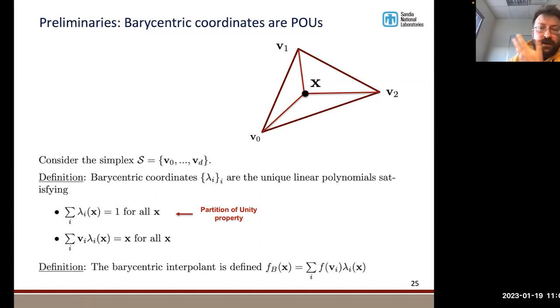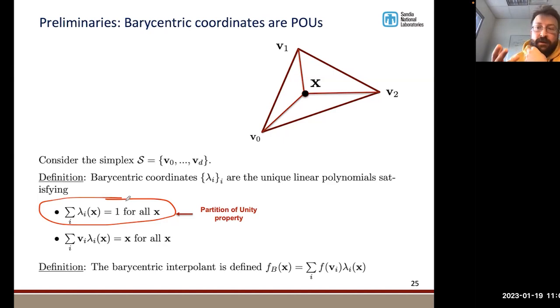These are like shape functions, like a normal finite element method, but they have this partition of unity property. This is the key. This is the secret sauce. So we're stealing the usual Whitney form construction based on barycentric coordinates, and we're replacing this with a different partition of unity. That's the whole idea behind this.